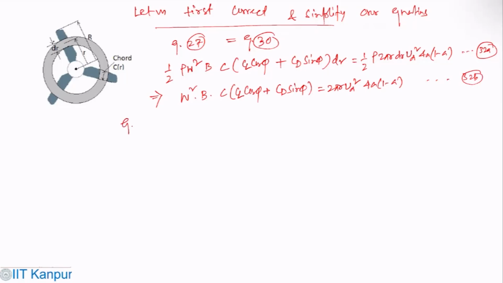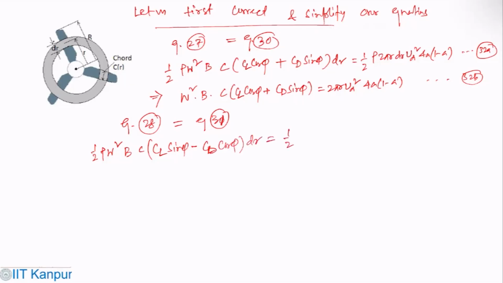Now similarly we have equation 28 equals to equation 31. Then you have half rho W square B C CL sin phi minus CD cos phi dr equals half rho 2 pi r dr u infinity r omega for a prime 1 minus a, which is 33a.